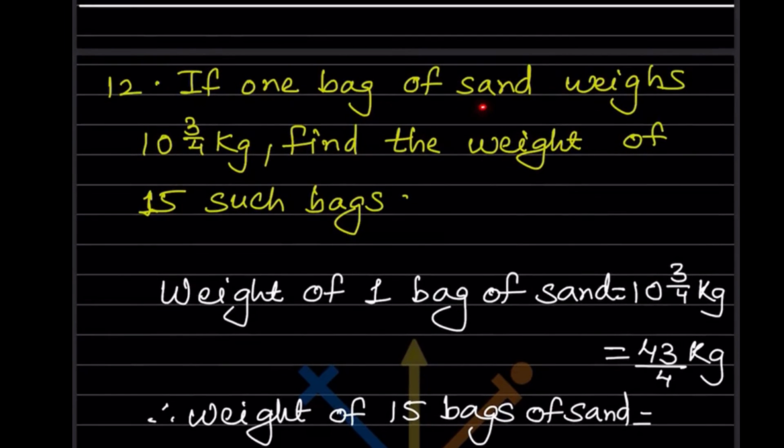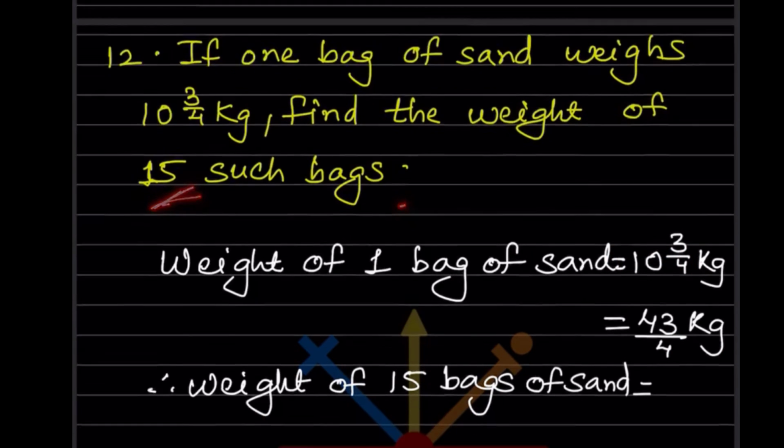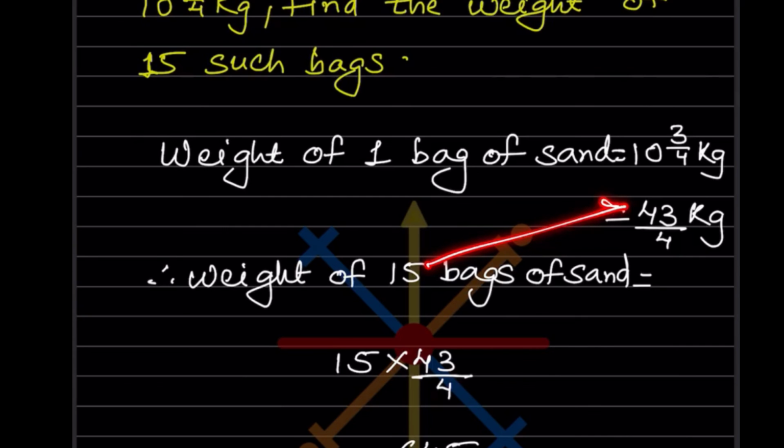If one bag of sand weighs 10 integers 3 by 4 kilogram, find the weight of 15 such bags. So first thing we are going to write here, weight of one bag of sand, that is given as 10 integers 3 by 4 kilogram. So this is going to be 40 plus 3, that is 43 by 4 kilogram. So now therefore the weight of 15 such bags, this is going to get cross multiplied.